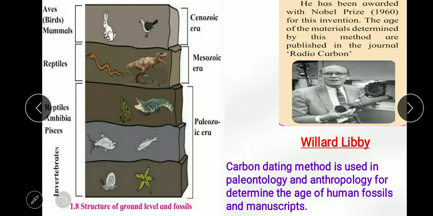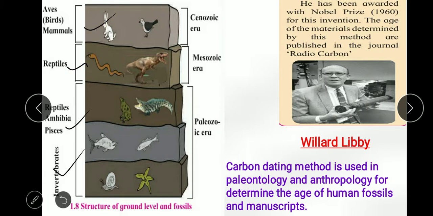When we see, invertebrates are found in the bottom layer of the earth crust, students. They are inside the earth at the bottom, and that is the reason we can say they have been living on earth for a long time as compared to others like amphibians, reptiles, mammals and aves.